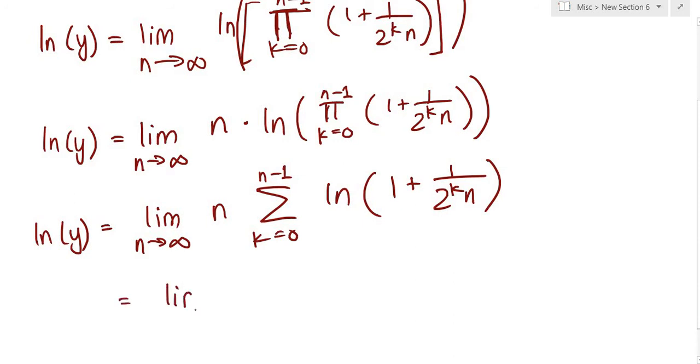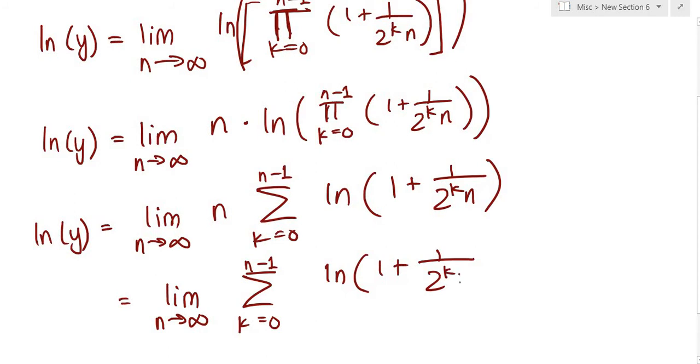We have our limit as n approaches infinity. We can just take the n inside, from the sum from k equals 0 to n minus 1 of the natural log of 1 plus 1 over 2^k times n, and we have this thing multiplied by n.